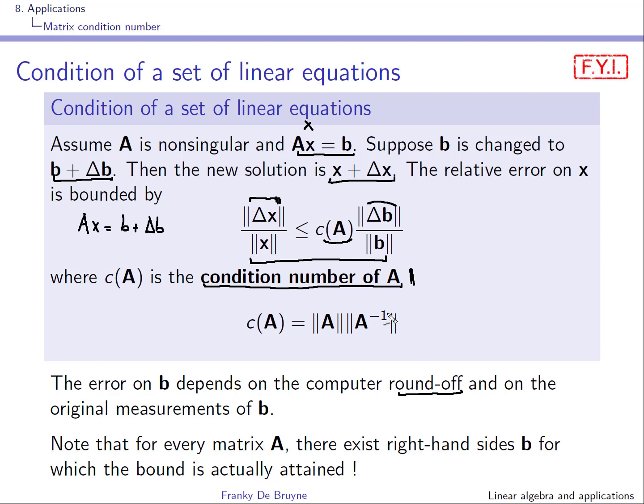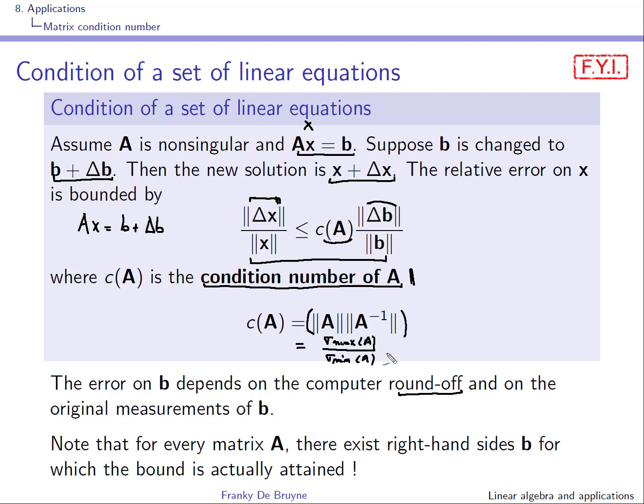This condition number can be computed as this quantity here, where you have a certain norm. This is something that we have skipped, so we'll put this between parentheses, but in the case of the 2-norm, you can compute the condition number of A as sigma max of A divided by sigma min of A. So you divide the maximum singular value of A by the minimum singular value of A, and this gives you the condition number.